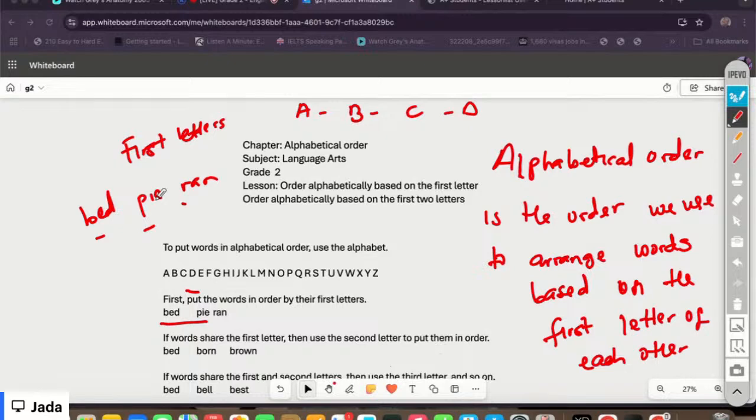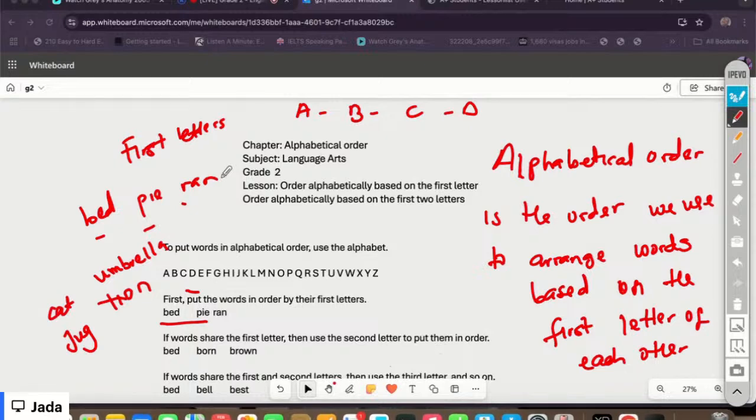All right, so just like when we have words like this, we would have maybe cat, then we have jug, lion, and umbrella.